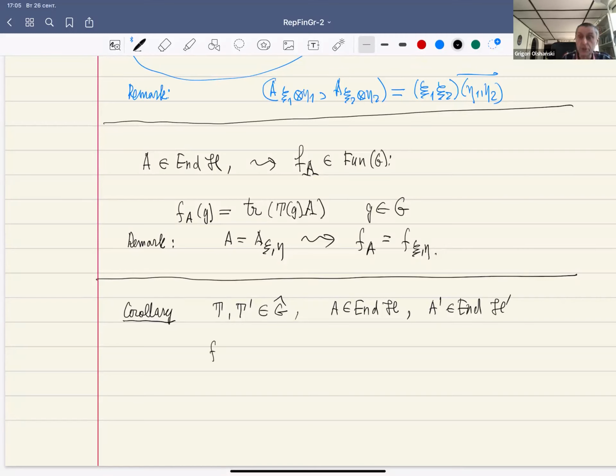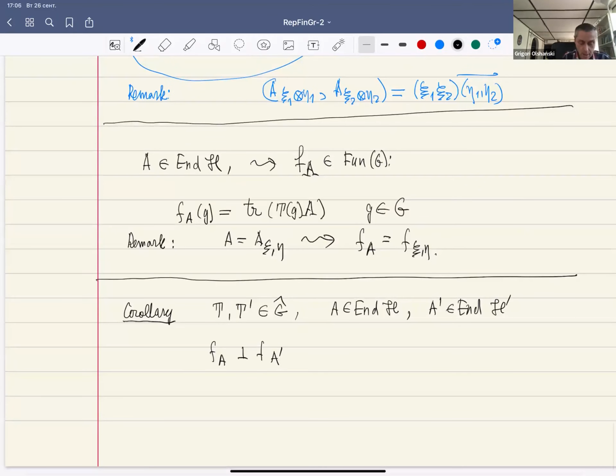And again, these generalized matrix elements are orthogonal. Why? Because these generalized matrix elements are nothing else than linear combinations of initial matrix elements, rank one matrix elements. So this is a direct corollary. This is the first claim.